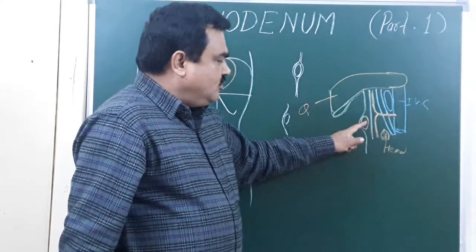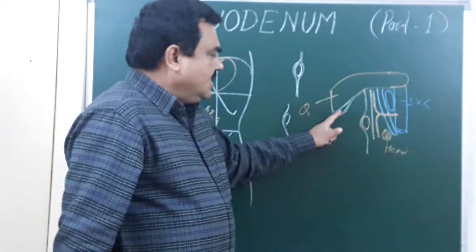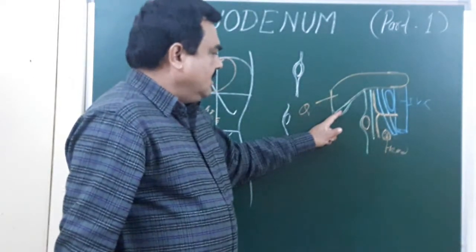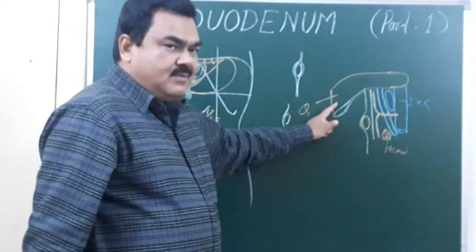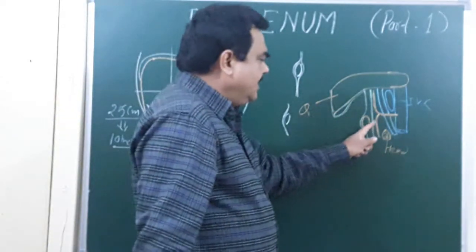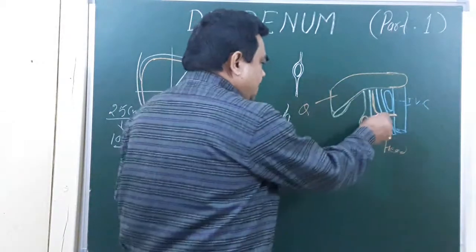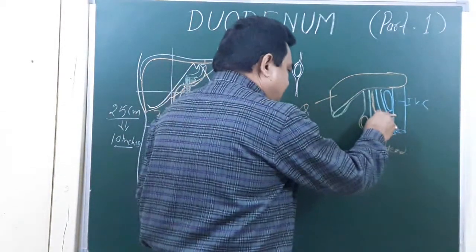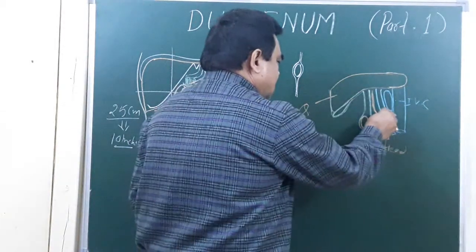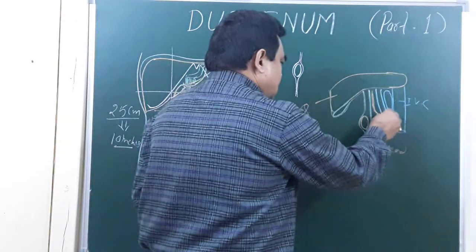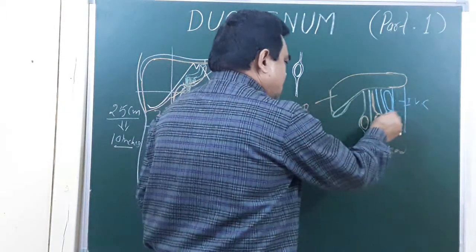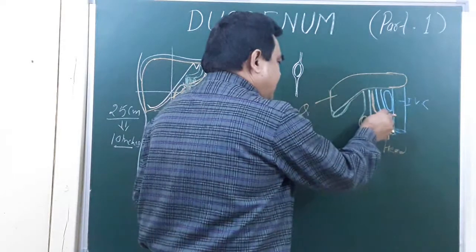This is the first part of the duodenum, anteriorly related with the fundus of the gallbladder and quadrate lobe of the liver. Posteriorly, this is the bile duct. This is the gastroduodenal artery. This is the common hepatic artery.